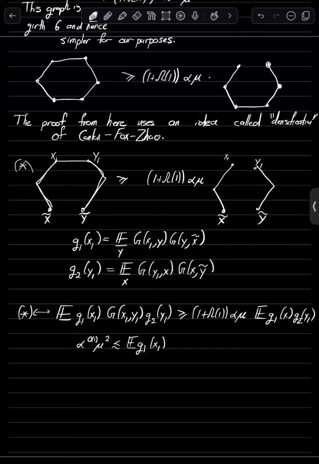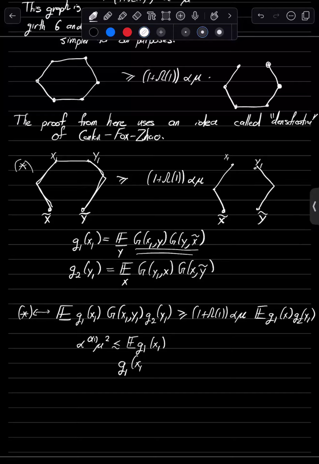But let's look at this. I claim that g1, so the key point here is the following. g1 of x1, I'm going to claim that's a function which is bounded by mu squared. By the pseudo-randomness property, it's bounded by gamma of x1 y, gamma of y x tilde.